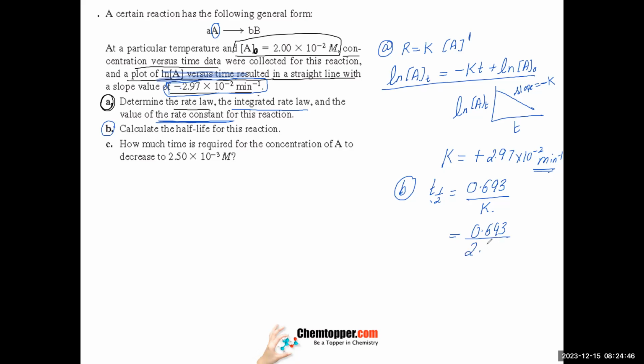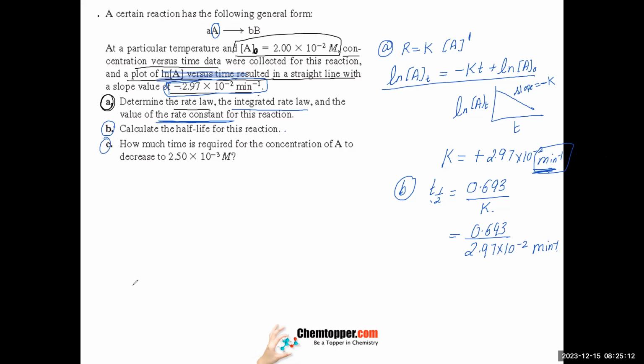What will be the units, children? Minutes, not seconds. Okay, minutes, because k is given to me per minute. Per minute, you remember? Per second, per minute is the unit of rate constant for first order. We did this in the last class. B part is done.